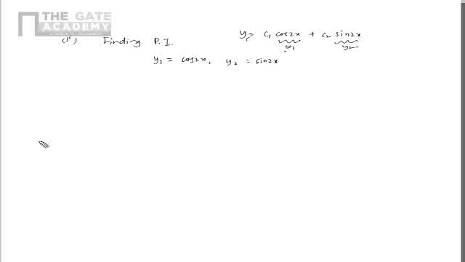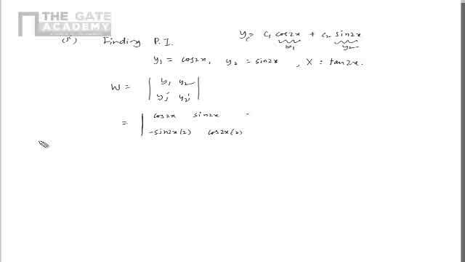And capital X is what? Capital X is tan 2x, the right hand side part. Let's find the determinant first, w, which is y1, y2, y1 dash, y2 dash. This comes out to be cos 2x, sin 2x, and the derivative of cos 2x is minus sin 2x into 2, and the derivative of sin 2x is cos 2x into 2.